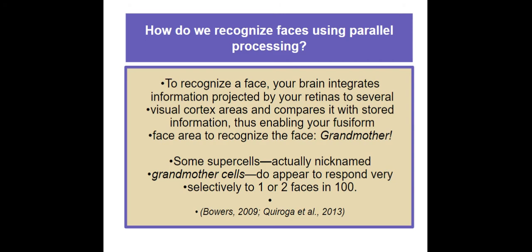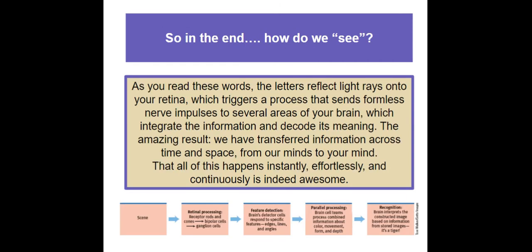Okay? All right, so ultimately, how do we see? Well, again, we have to take into consideration we're talking about two different theories of color vision, but we don't really know. We do know that we see in color, so that's still up for debate. But basically, light is going to reflect onto our retina, and it's going to trigger our neural impulses sent to our brain.